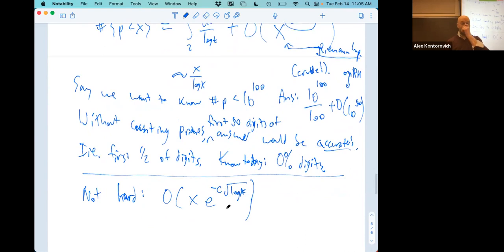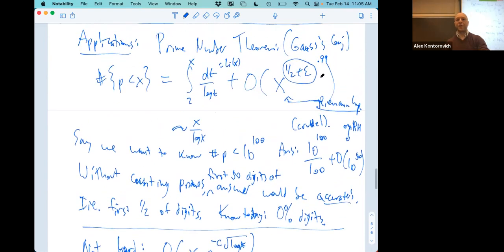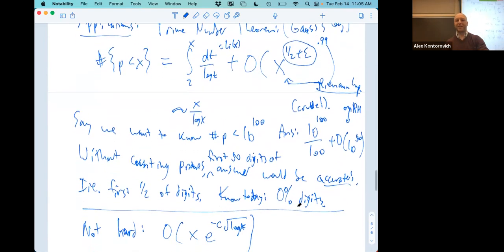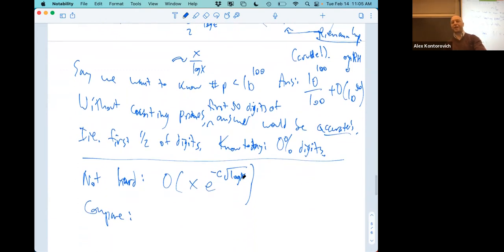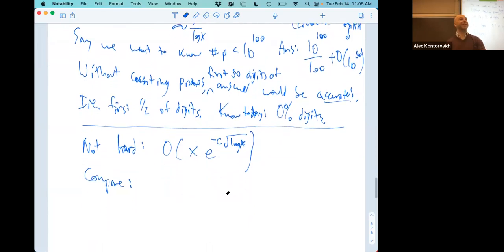You can't make sense of this until you realize what it would mean to get 1% knowledge of the digits. This isn't the best known. Instead of log x to the 1/2, you can do log x to the 3/5 or something, but it's not anything much better. Okay, the 3/5. Great.